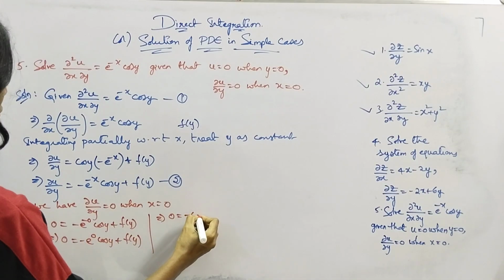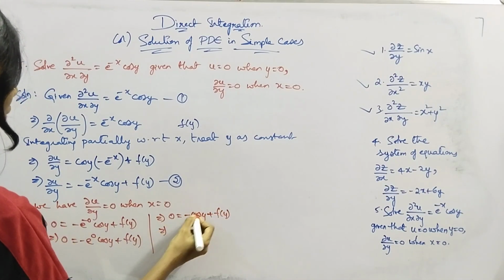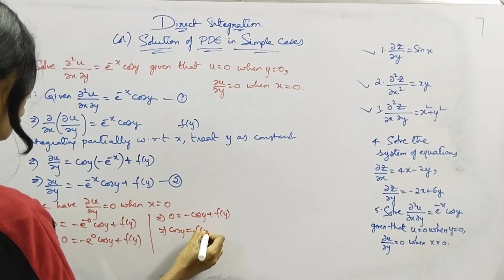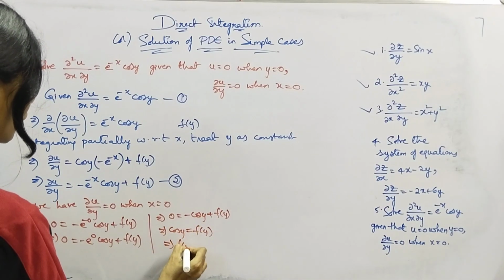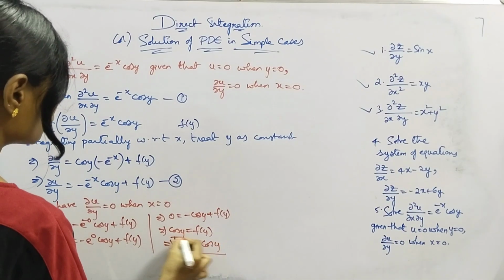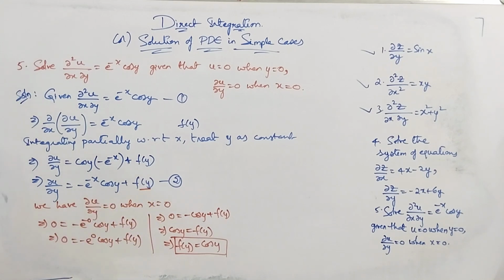So you'll get minus cos y plus f of y. Now bring this cos y to the LHS, you'll get cos y equal to f of y, or f of y equal to cos y. So we got the value of the unknown, f of y equal to cos y. You can substitute here, right? By applying the condition, we got the value of f of y.